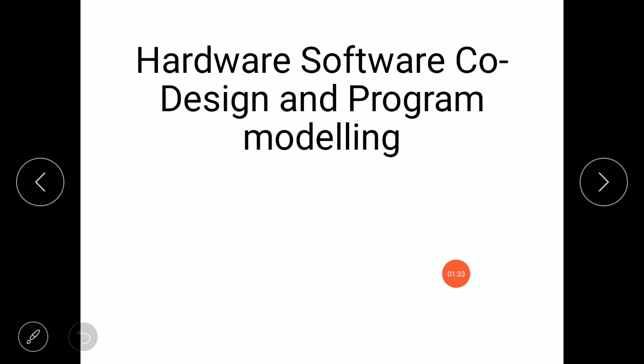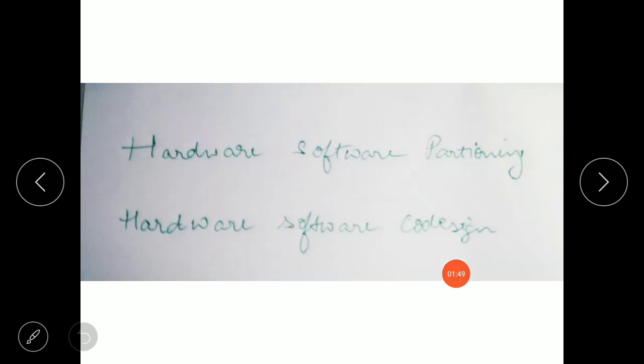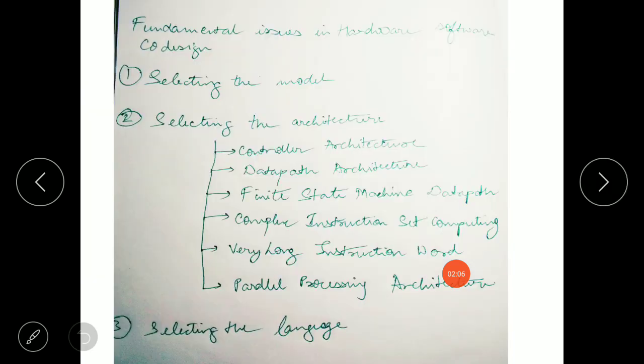The architecture design follows the system design, and the partitioning of the system level processing requirements into hardware and software takes place during the architecture design phase. As I discussed, initially hardware software partitioning was done at an early stage, but now we co-design the hardware and software.